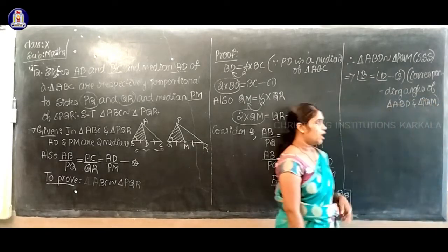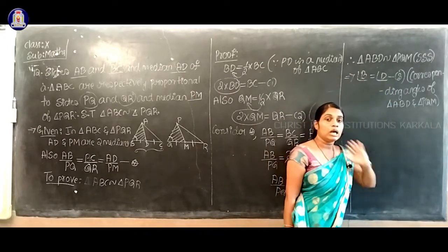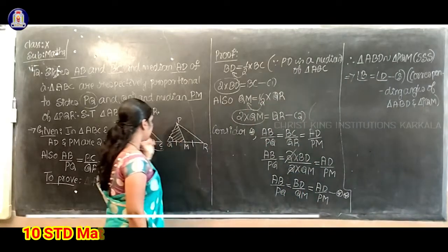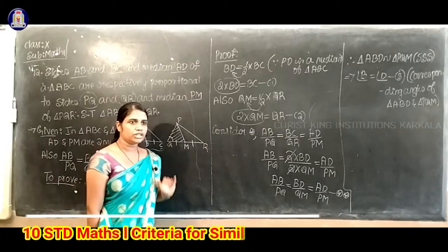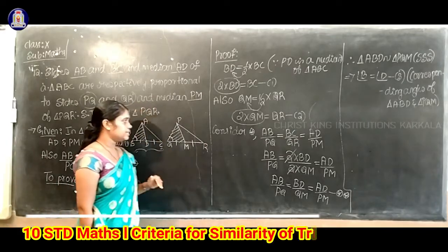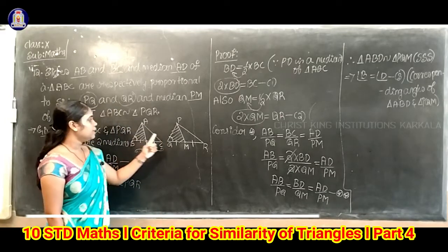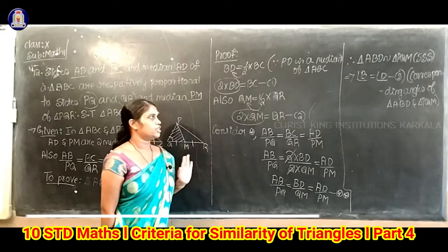So these corresponding angles are equal. Why? Because these two triangles, the shaded triangles, are similar. So after proving the similarity of two triangles, I can say that its corresponding angles are equal. So therefore, angle B is equal to angle Q. I will consider it as equation number 3.